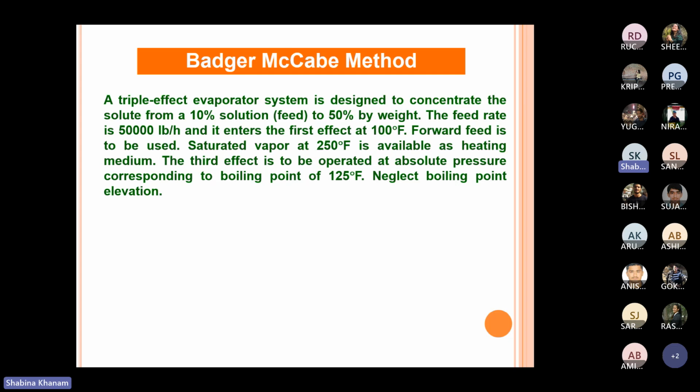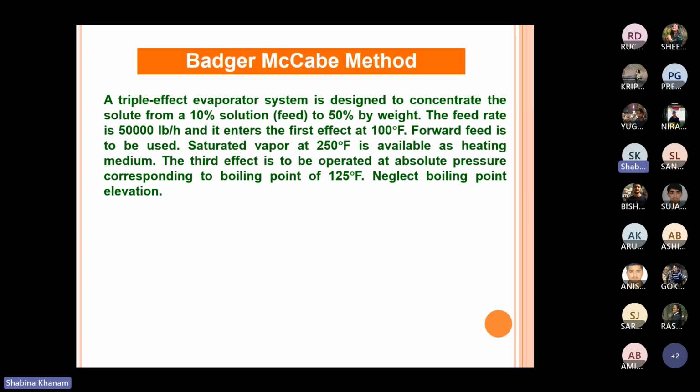Feed rate is given over here, and it enters the first effect at 100 degrees Fahrenheit. Forward feed is to be used. Saturated vapor at 250 is available as heating medium, and the third effect is to be operated at absolute pressure, which I have told you is connected to the vacuum, and usually the third effect pressure or temperature is known.